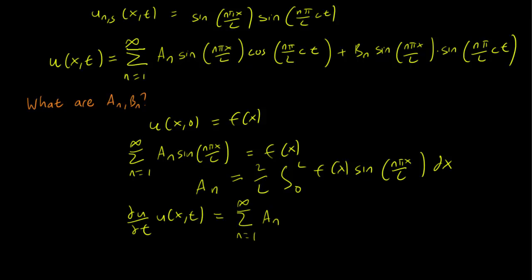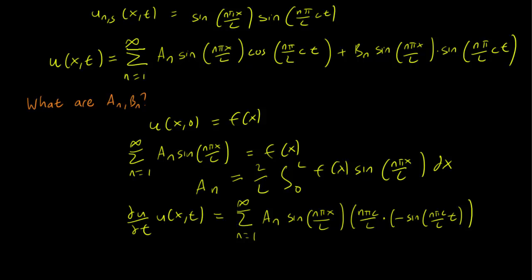So remember, we're differentiating with respect to t. So all the stuff with x's in them remain the same. This becomes differentiating cosine of n pi c over L t. So we're going to have to pull out the constant, n pi c over L times minus sine n pi c over L t.